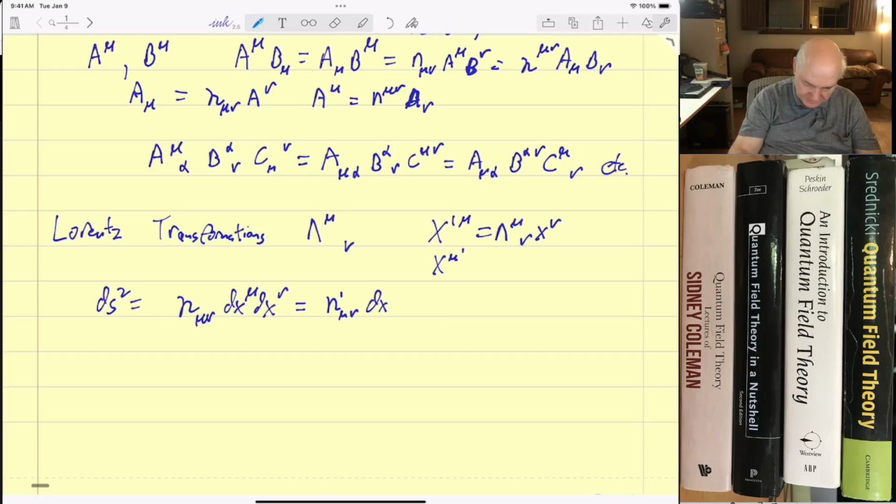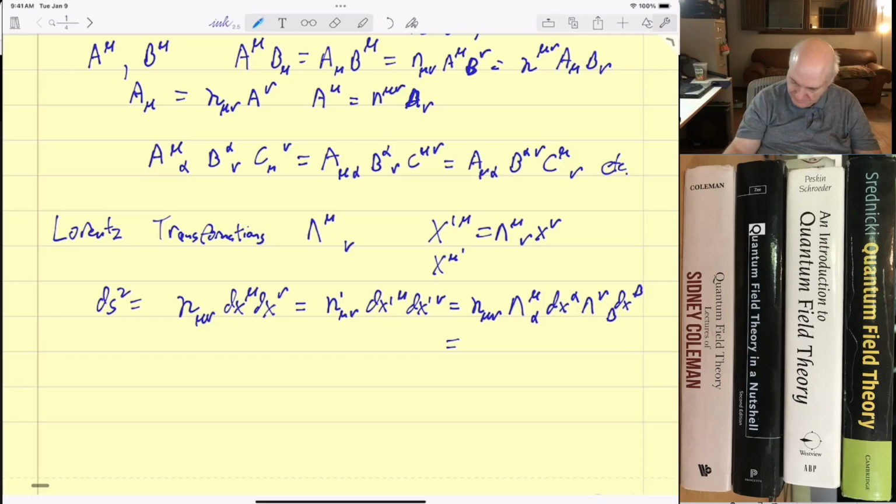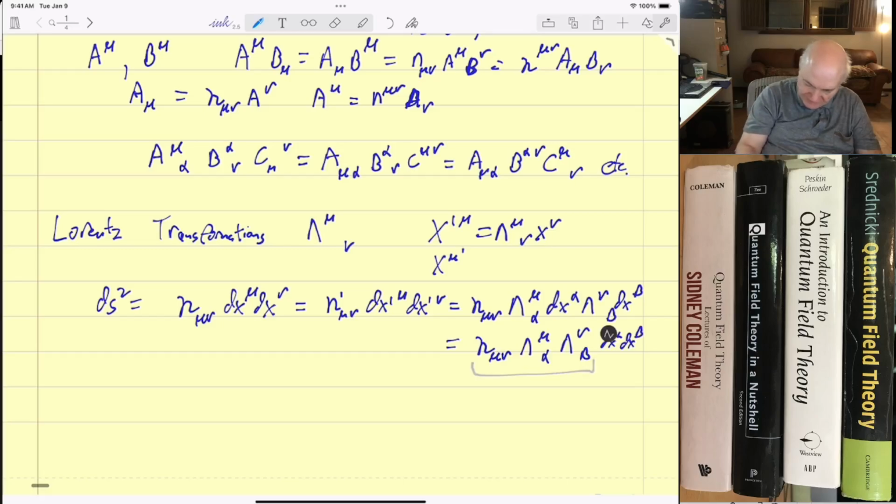But dx'^μ dx'^ν, so this is equal to η_μν Λ^μ_α dx^α Λ^ν_β dx^β, and this is equal to η_μν Λ^μ_α Λ^ν_β dx^α dx^β. So if you look at this part, we can relabel the indices here.